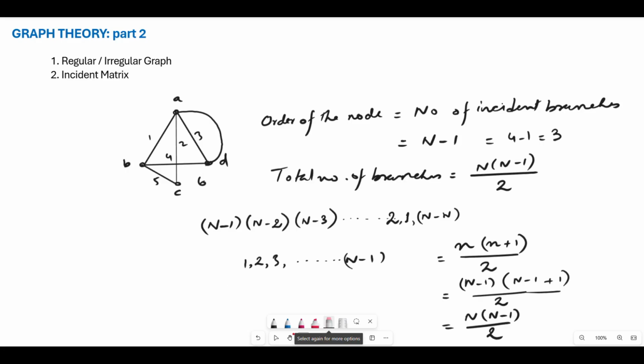So an irregular graph means all the connections where it is not regular. That means each node is not connected to all the other nodes. So this is the concept behind the regular graph and the irregular graph. And the total number of branches in a regular graph is calculated by n into n minus 1 by 2, where n represents the number of nodes.